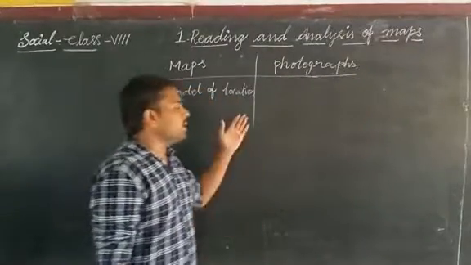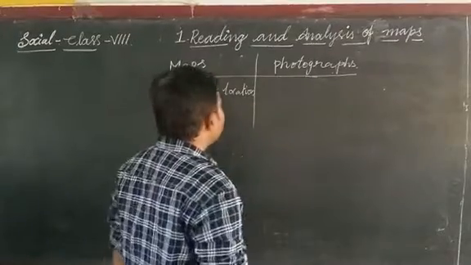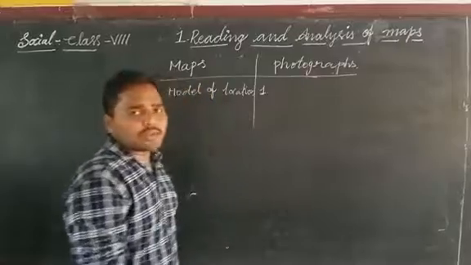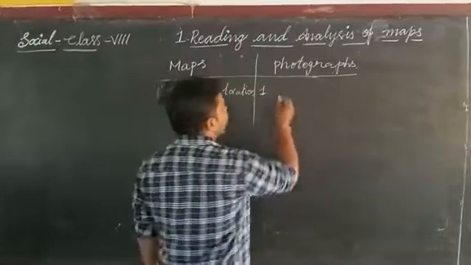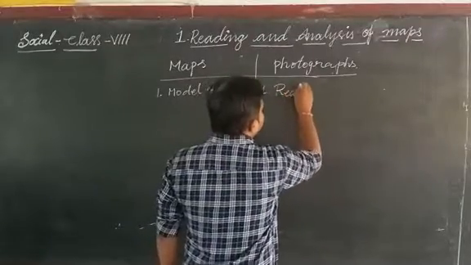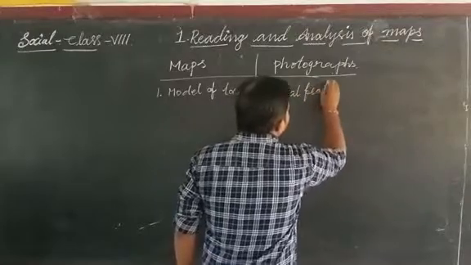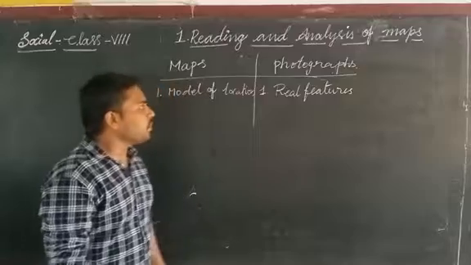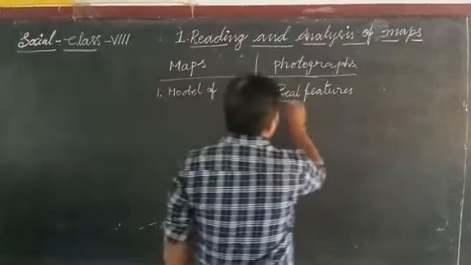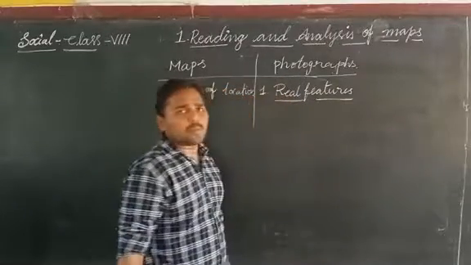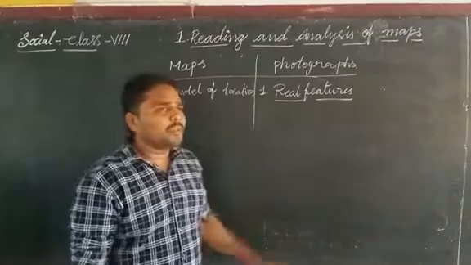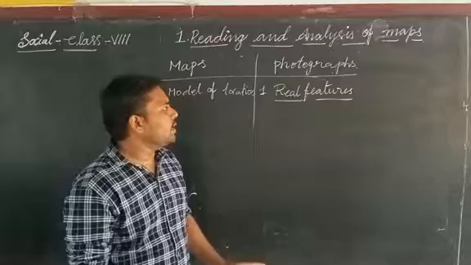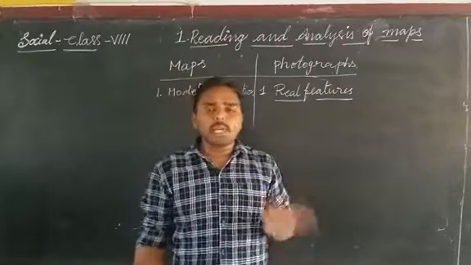With the help of a camera. Photographs show the real features of the image. They can only show the real features of the land. Suppose you take a photograph of Charminar, we can only see the real features of the Charminar.